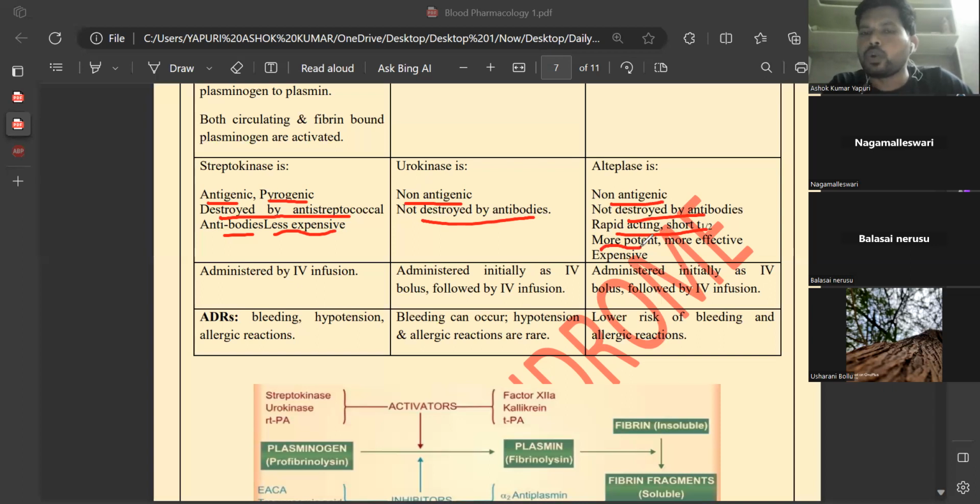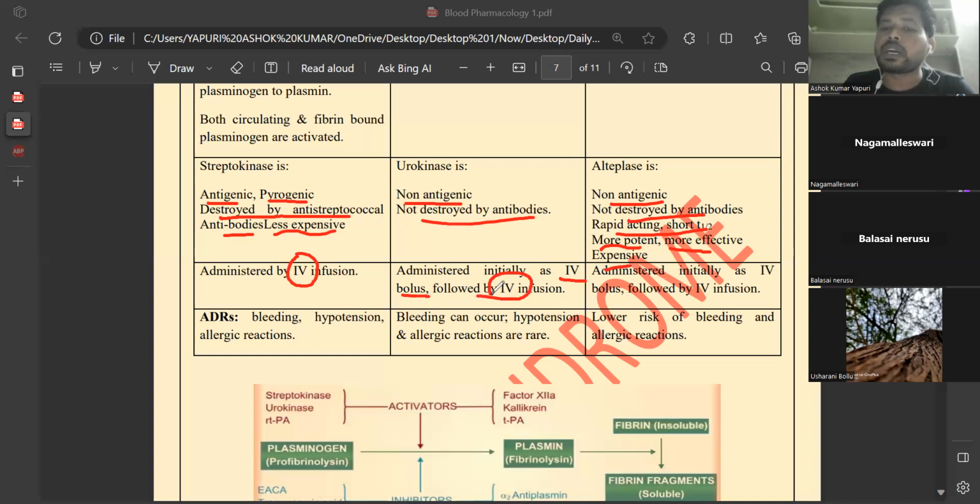Low dose shows good action, and it is more effective and expensive also because it is prepared by recombinant DNA technology. So there is a chance of it being expensive in nature. And generally most of these drugs are given by the intravenous route of administration. And when coming to urokinase, initially it may be an intravenous bolus followed by intravenous infusion.